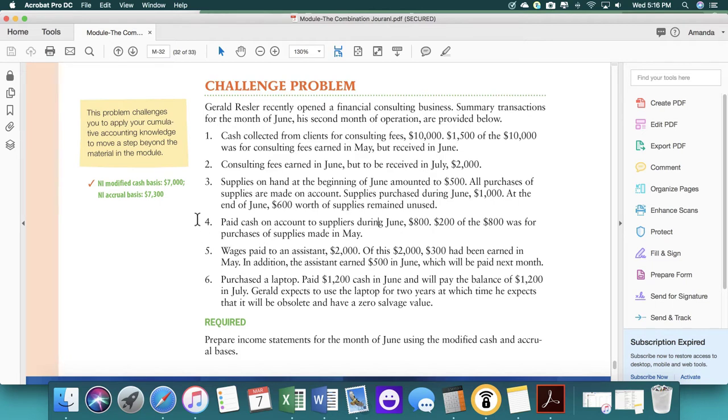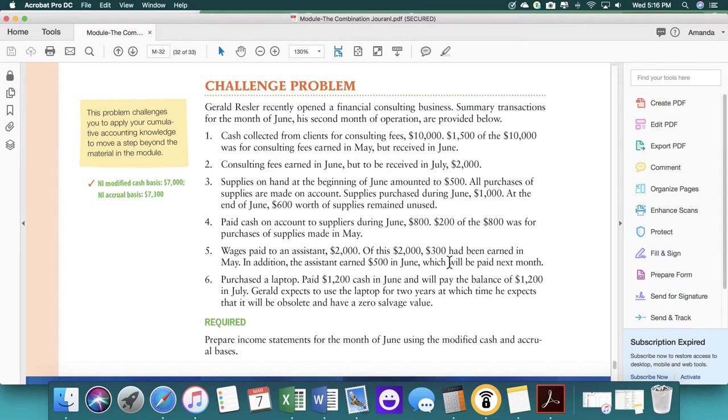So we paid cash on account to suppliers during June for $800. $200 was for the supplies purchased in May. So it gives us a bunch of information all in lumps, which is going to be confusing. And depending on which method you're focusing on, it's going to be even more confusing.